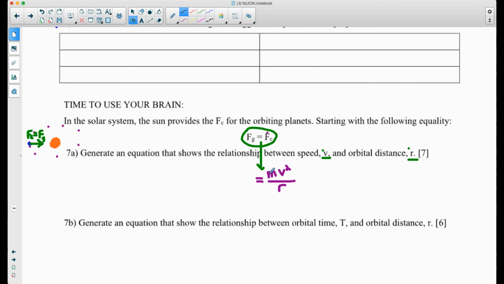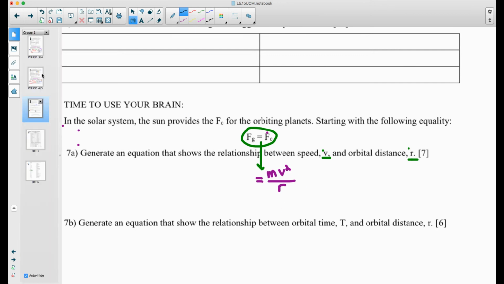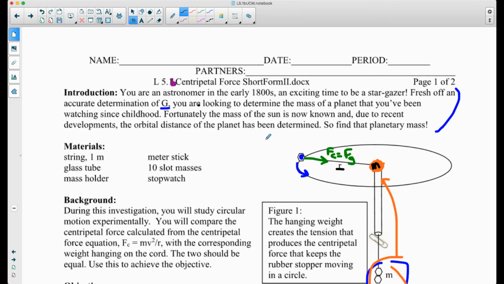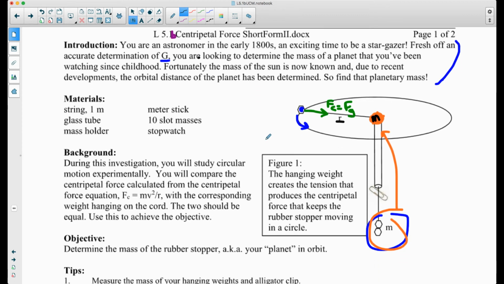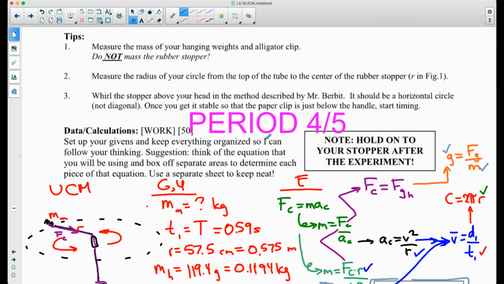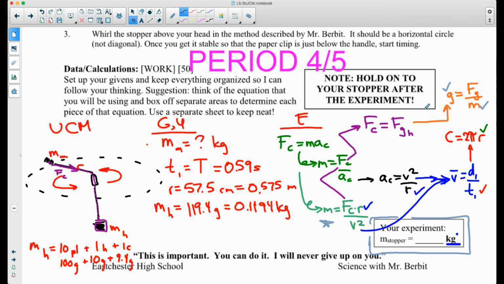This whole equation, mv squared over r, as we delivered it on page 1, here it is. The mass was the moving mass. In this equation, it was not the hanging mass, it was the moving mass.